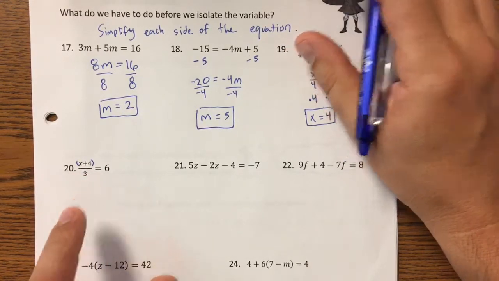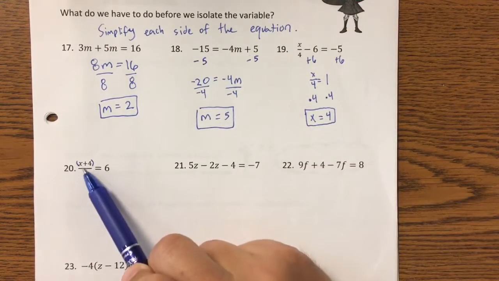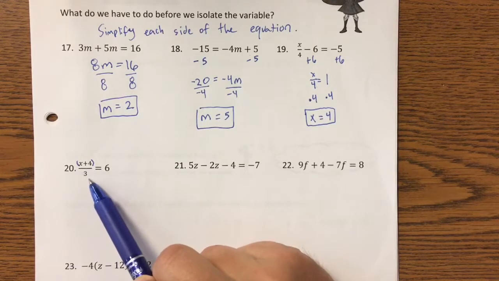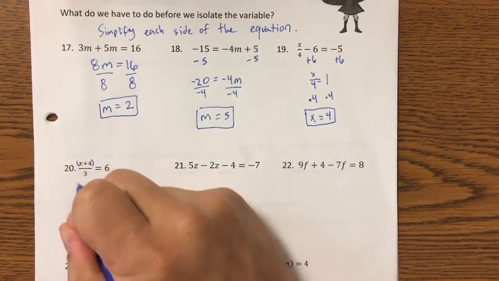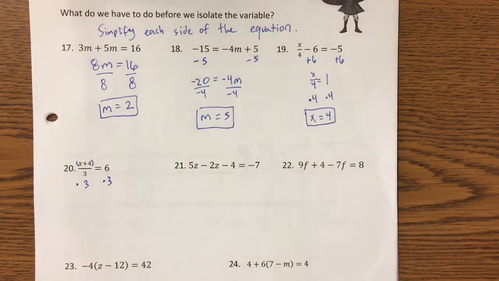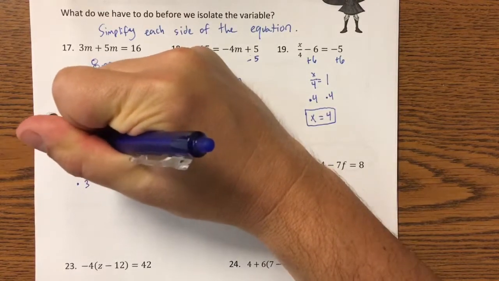So this is going to switch the rules on you already, okay? In other words, we need to get rid of this thing that's outside of the parentheses first. So we need to actually multiply both sides by 3 first. Okay, there's an implied set of parentheses.